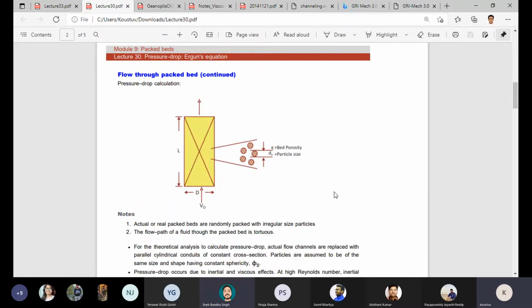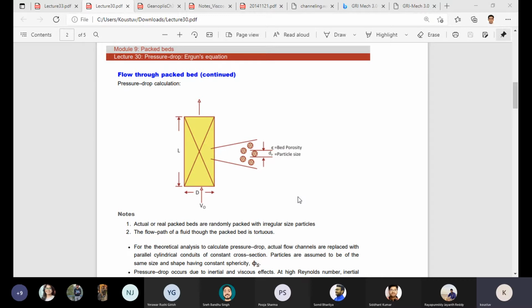Yes, sir. Okay, nice. See, packed bed is a very versatile area and topic, and chemical engineers are very used to this packed bed thing. You have studied in fluid mechanics an empty tube, a uniform diameter tube with uniform cross section, a straight pipe or tube.